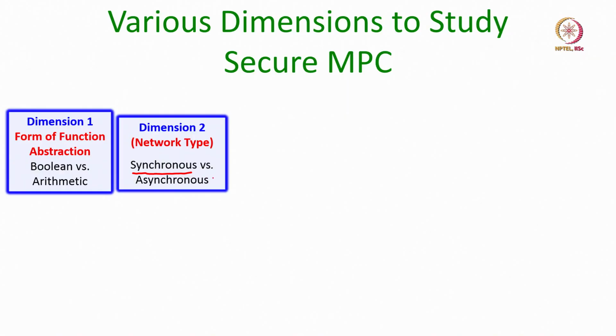A more practical communication model is the asynchronous communication model, where we do not make any such assumption regarding the channel delays. That means, if I send any message as a party during the protocol execution, the only guarantee will be that it will be delivered eventually, but no one will know when it is going to be delivered.